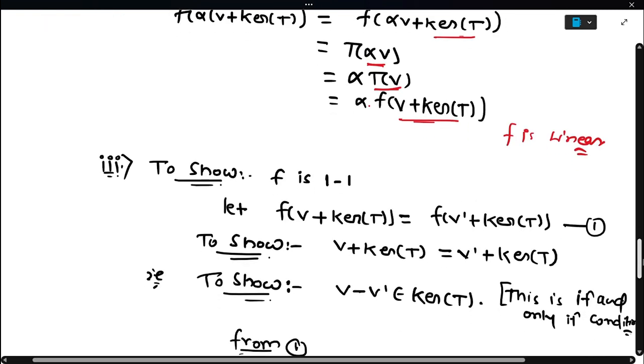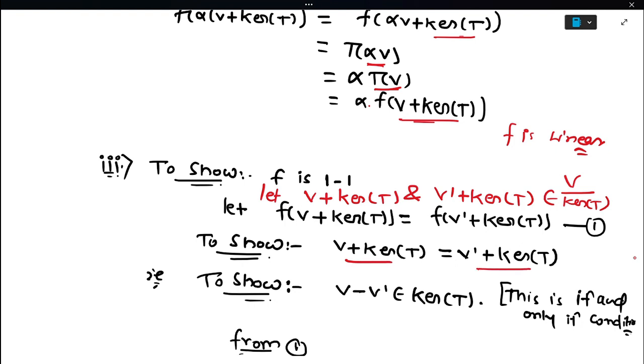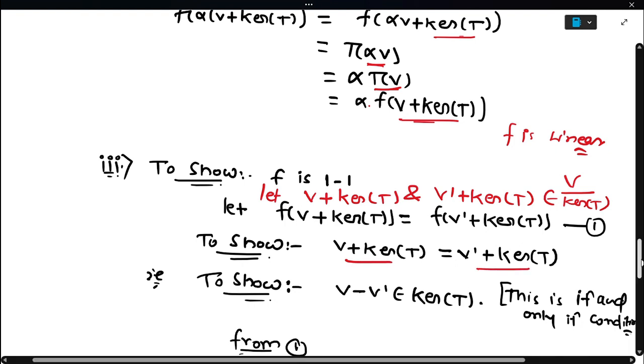To show f is 1-1, assume v plus kernel of T and v' plus kernel of T both belong to V by kernel of T. Assume the images are equal, and we will show the pre-images are equal, then f will be 1-1.